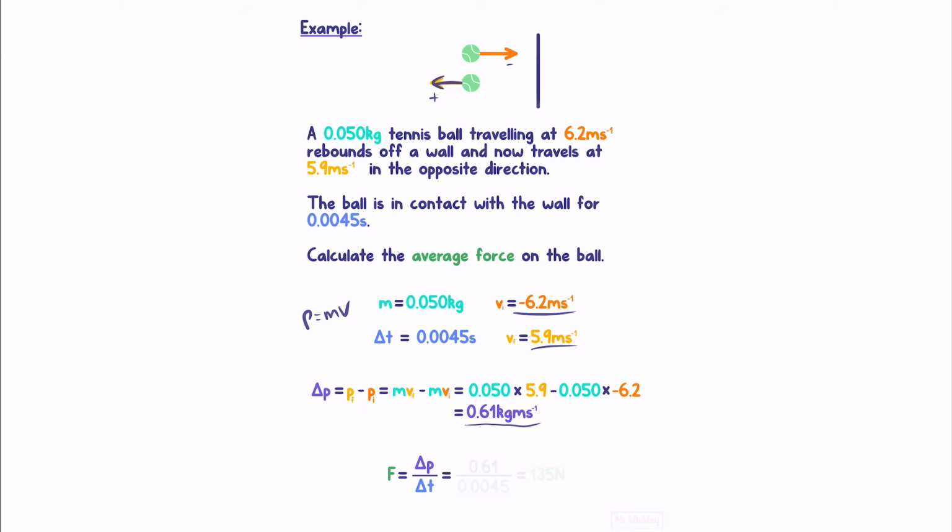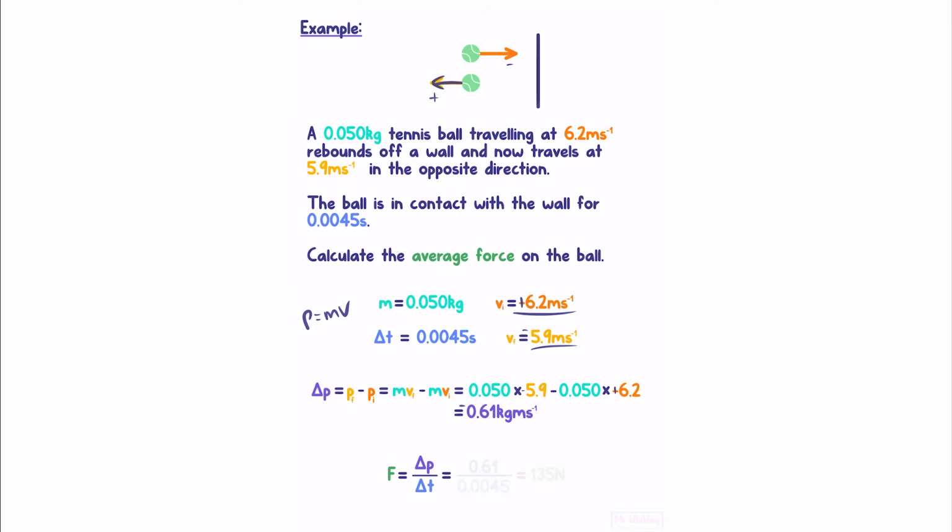So the direction of our change in momentum is the same. Now, if we had instead made this one positive and this one negative, our 6.2 would be positive down here, and our 5.9 would be negative, and if you pop that into your calculator, you'll still get 0.61, except it'll be negative.